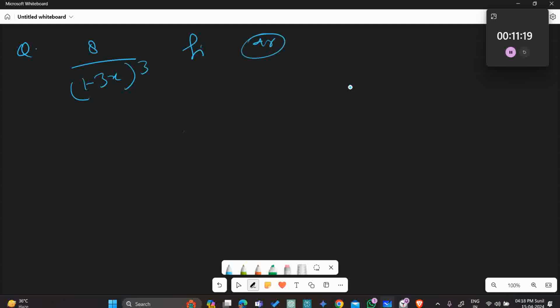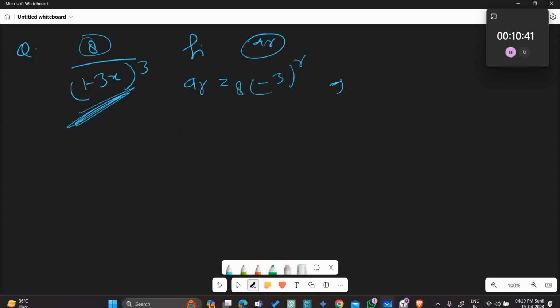First, we will find A of r for this thing, without the 8. How can we do this? Minus 3 to the power r into 8. Alright. How do we do it? This is how we do it.